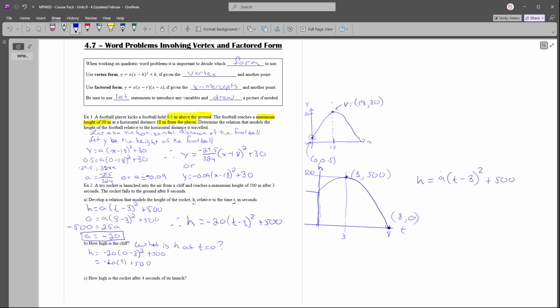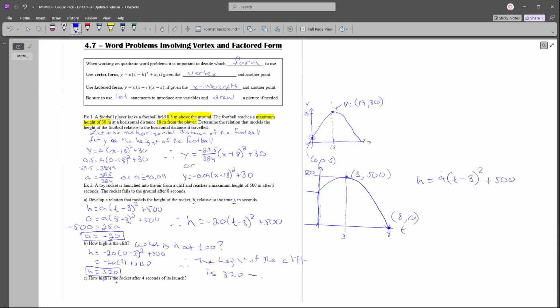So 500 minus 180 gives us 320. This is the height of the cliff, the height when t is equal to 0. So therefore, the height of the cliff is 320 meters. Don't forget your units.